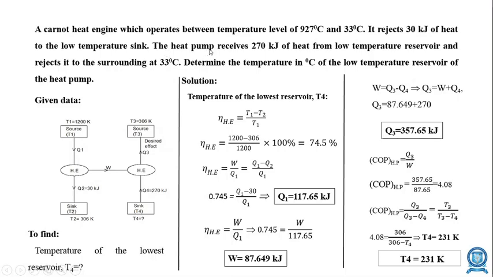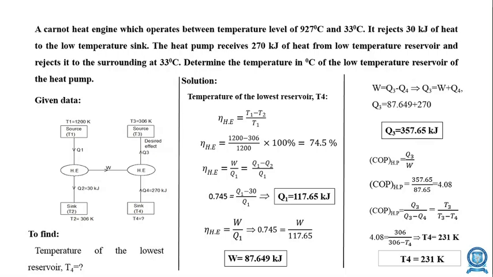The heat pump receives 270 kilojoules of heat from the low temperature reservoir and rejects it to the surroundings at 33 degrees centigrade. That means another device, heat pump, receives 270 kilojoules of heat from the low temperature reservoir.